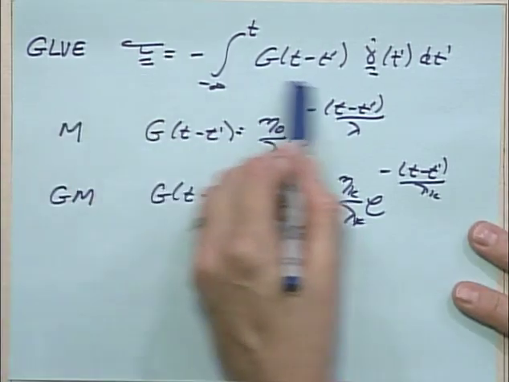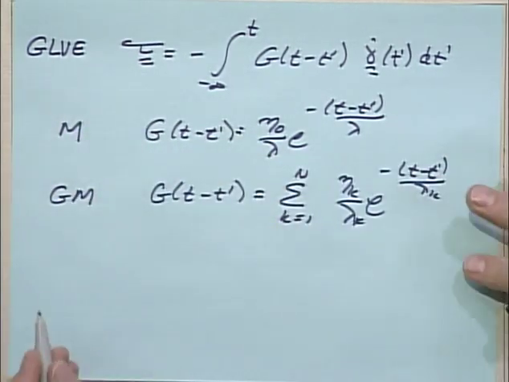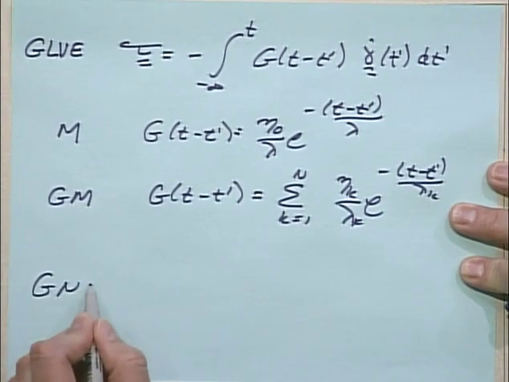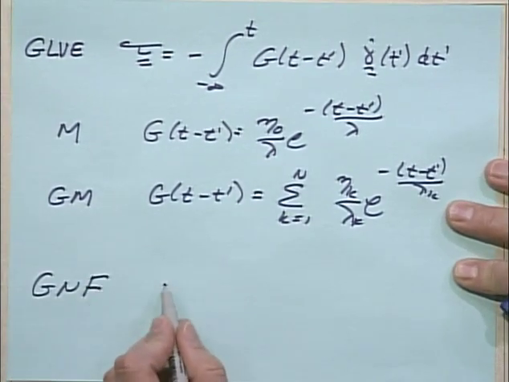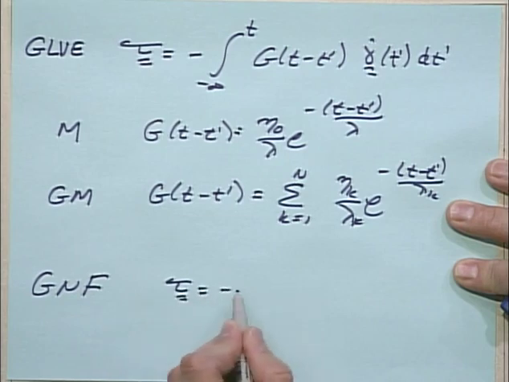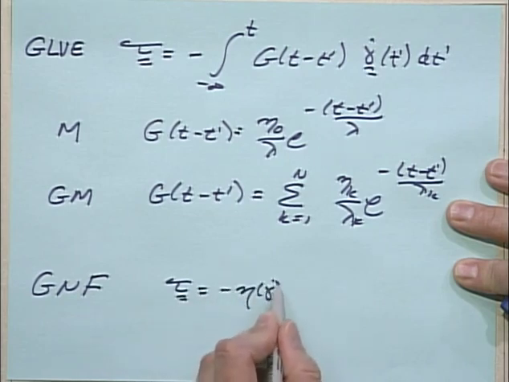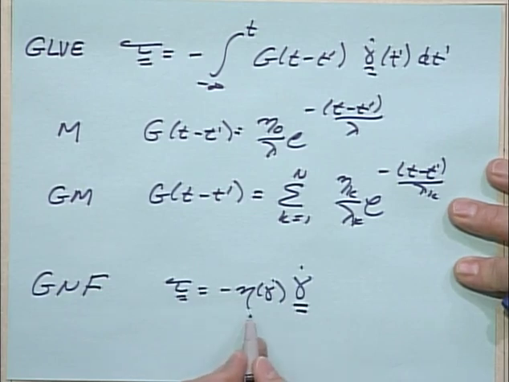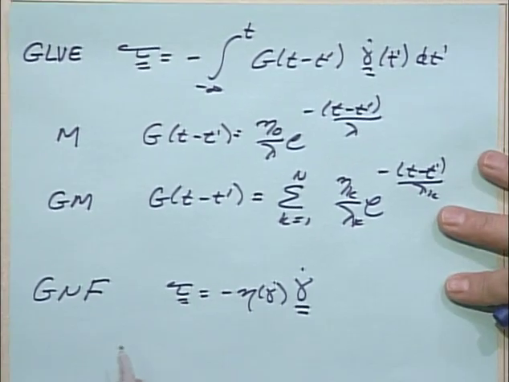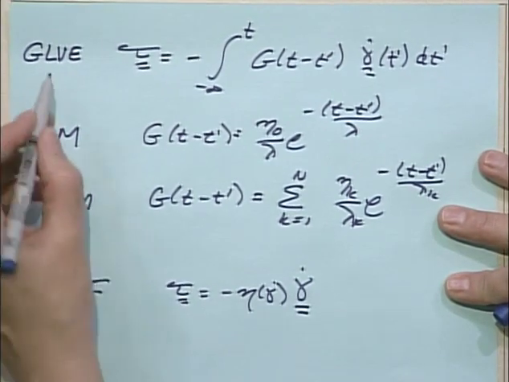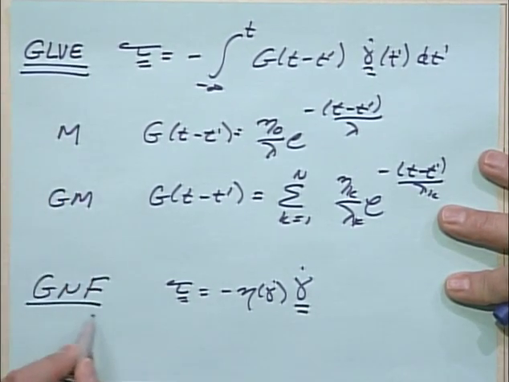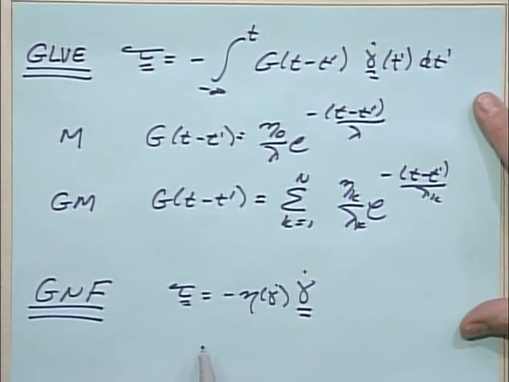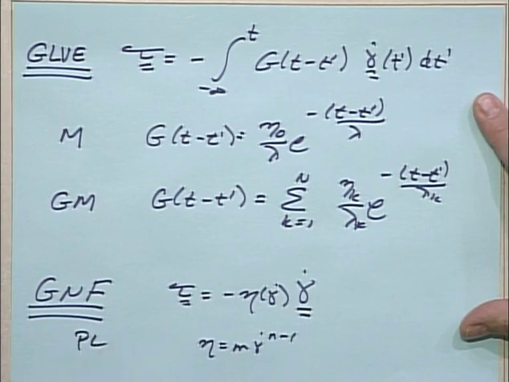So this generalized linear viscoelastic form is analogous to our generalized Newtonian fluid, which was stress equals minus eta, which is a function of gamma dot, times gamma dot the tensor, where this eta function is unspecified. And then we can specify it. We can say, okay, within this class, if I specify eta equals m gamma dot to the n minus 1, then it's the power law.